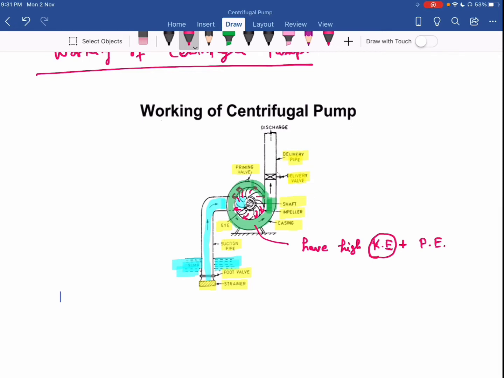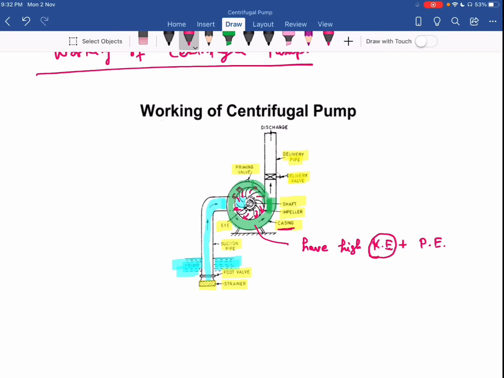Therefore, the kinetic energy gained in the impeller of a pump is partially converted into useful pressure energy with the help of this casing. So we make this casing of a special type whose passage is gradually increasing from one side to the other side.